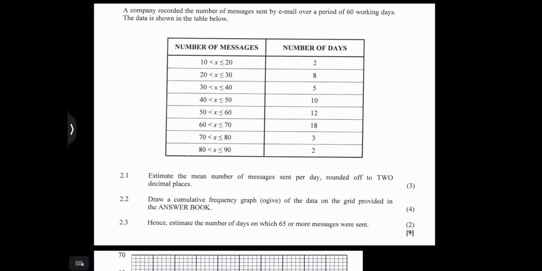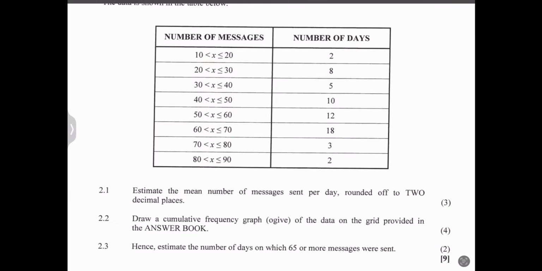Now, remember, for us to work out that mean, the first thing we need to do is make a separate column here. These are the midpoints.